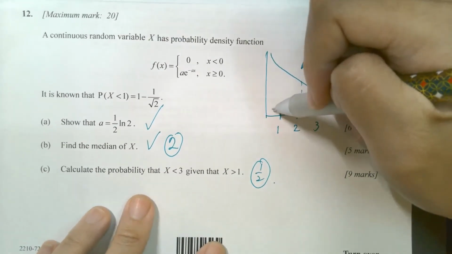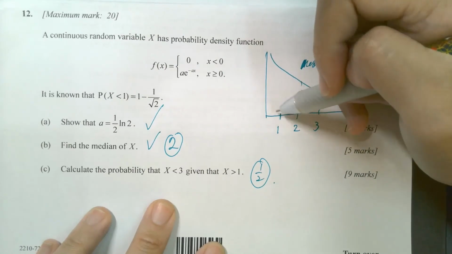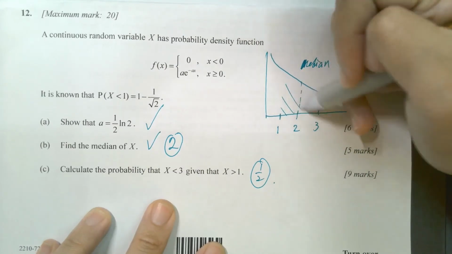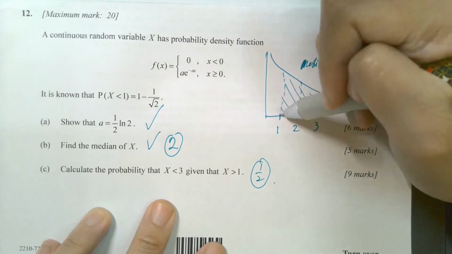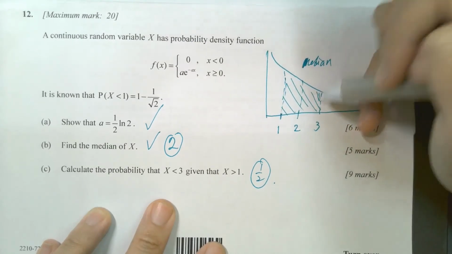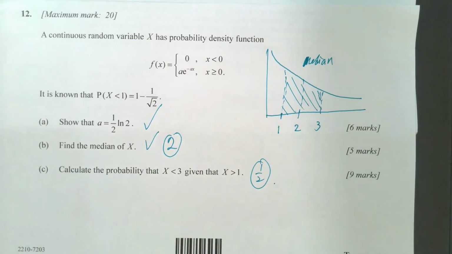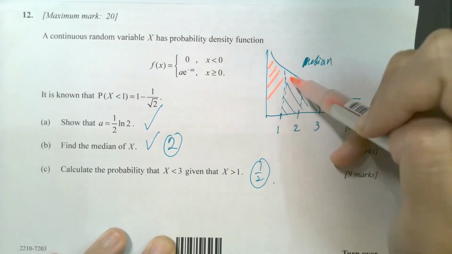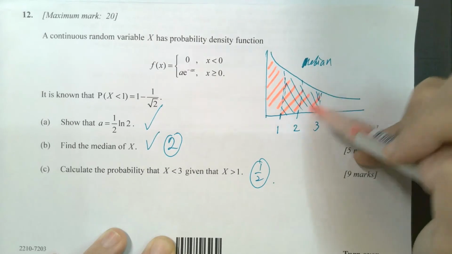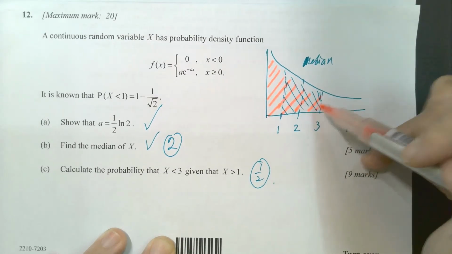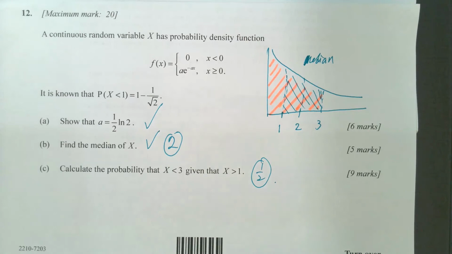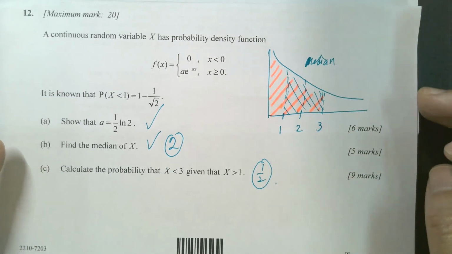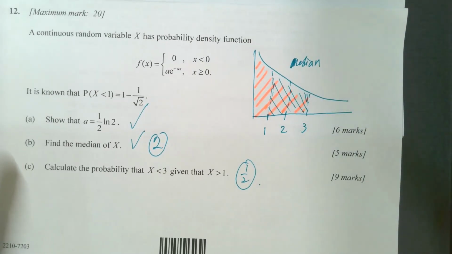So we're looking for the probability of x less than 3, given that it's bigger than 1. We're looking for the blue area. We calculate the probability that x is less than 3, given that x is bigger than 1. Did I draw the wrong thing in the front?